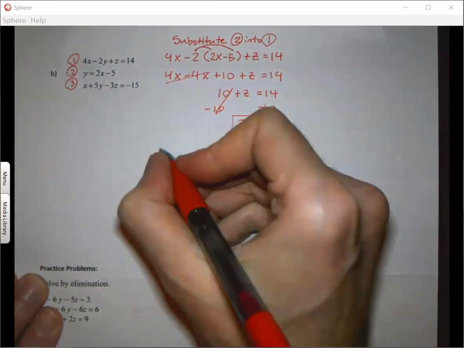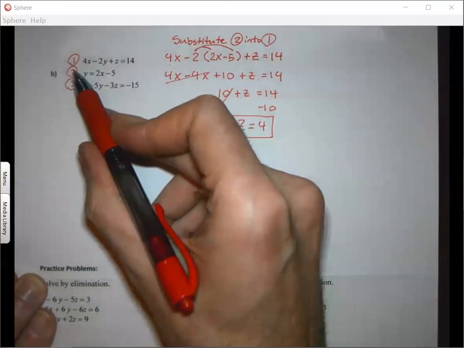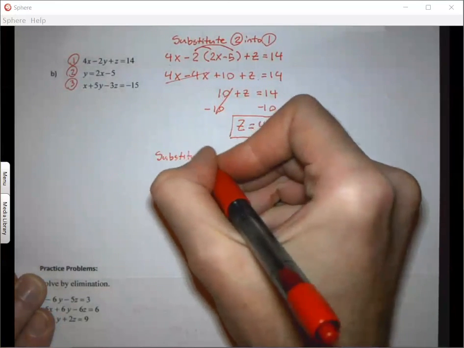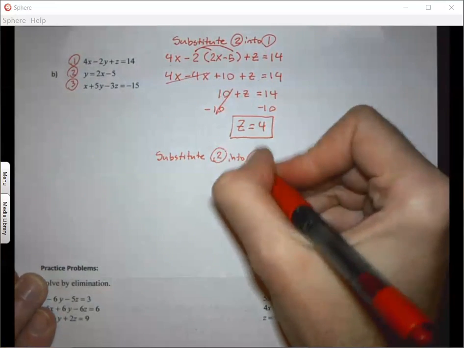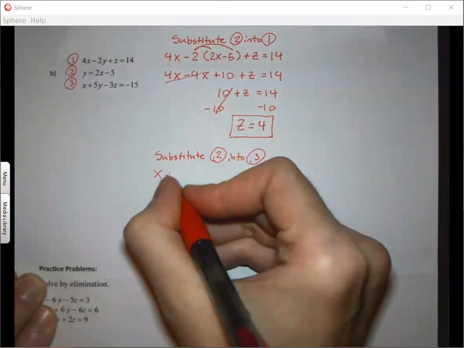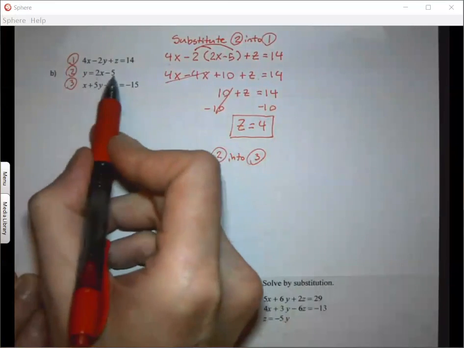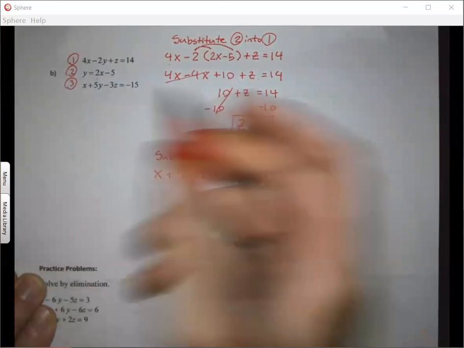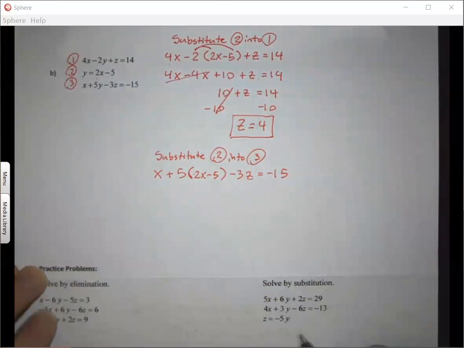Next step, we're going to substitute again using two different equations. So now I'll go ahead and do 2 into 3. Starting with 3, x plus 5 times y, which is 2x minus 5, minus 3z equals -15.